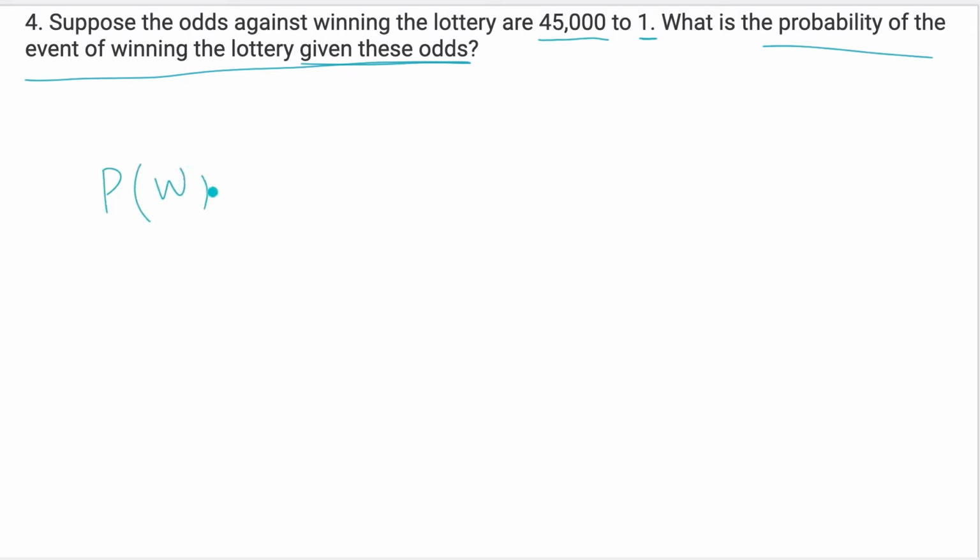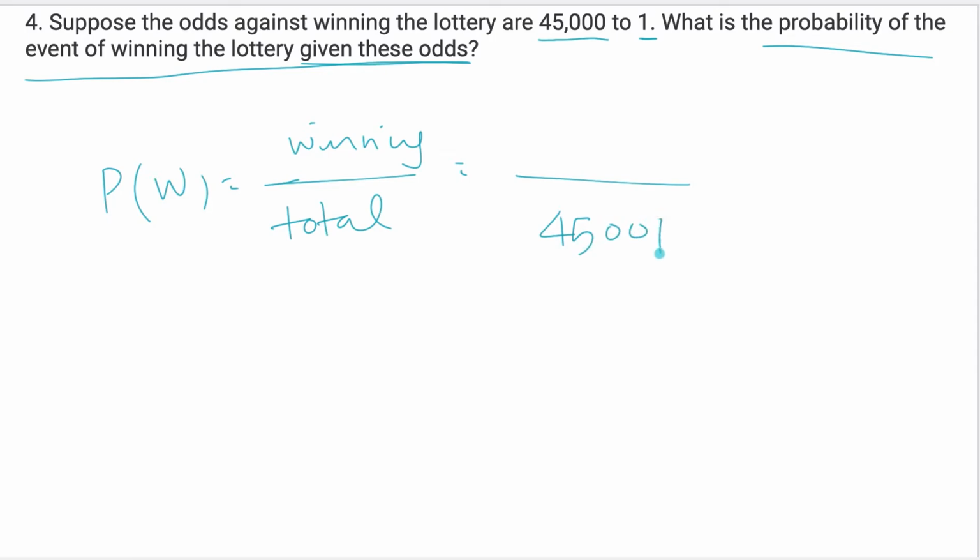Probability of winning is the total number, right? It's the denominator and only the winning here. So the total is when you add these two together, right? 45,001. And the winning is only 1 out of that. Because this is the number that will not happen, and this is that will happen. So together it's 45,001. And you're going to win only 1 time out of that. So winning probability should be 1 out of 45,001.